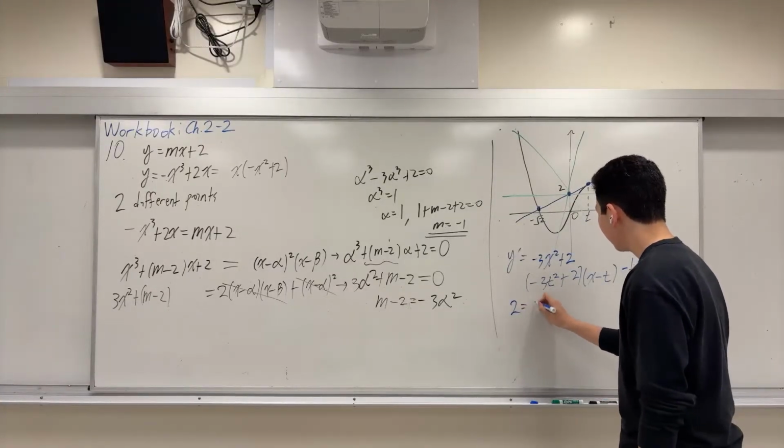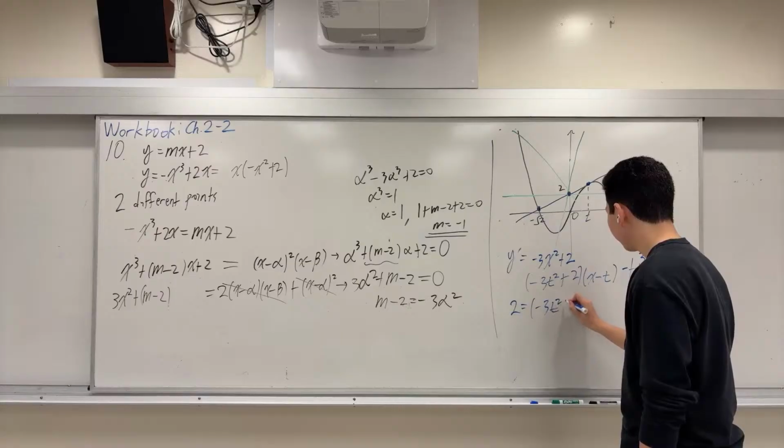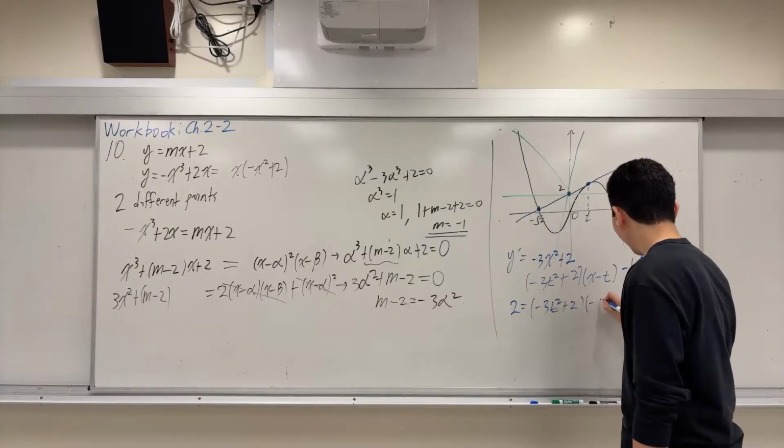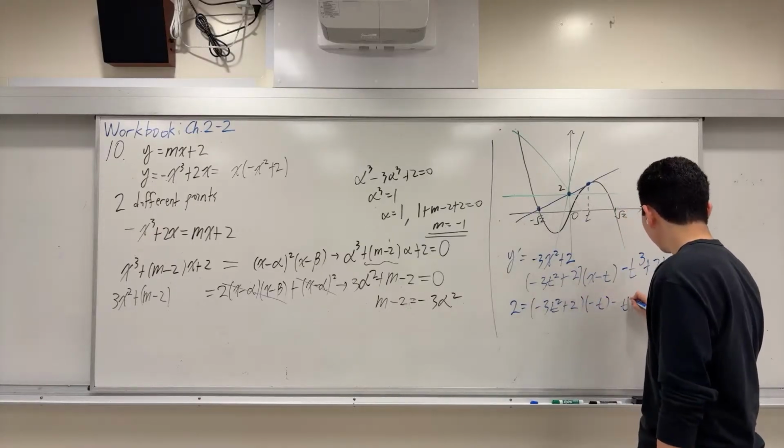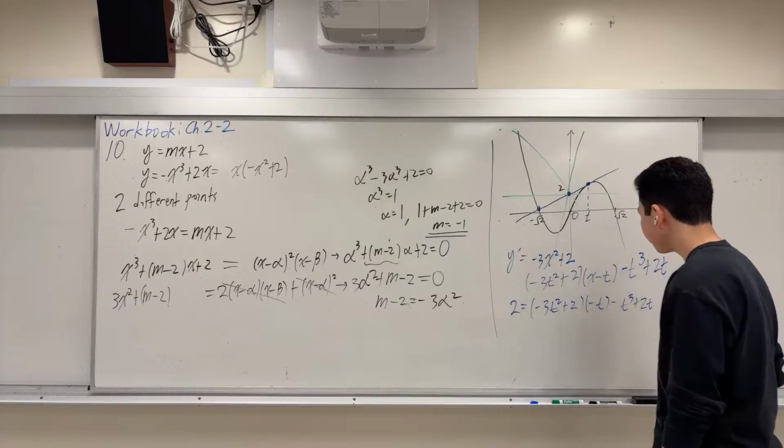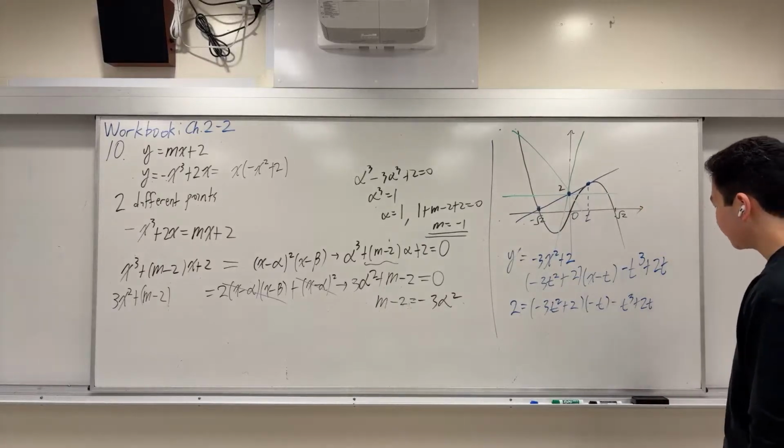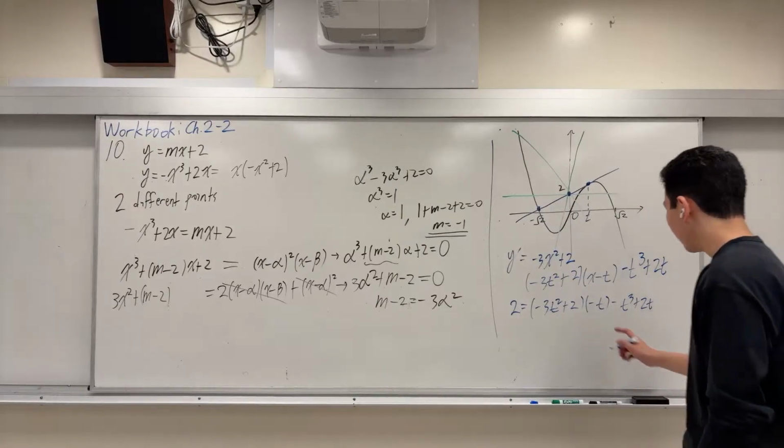2 has to equal negative 3t squared plus 2 times negative t, minus t cubed plus 2t. That means, what can we simplify here?